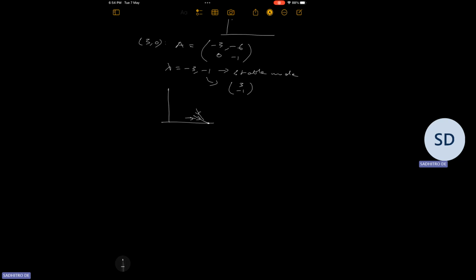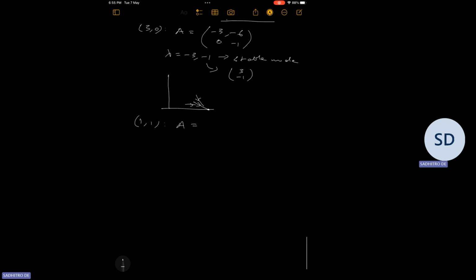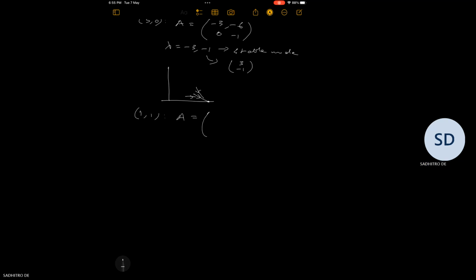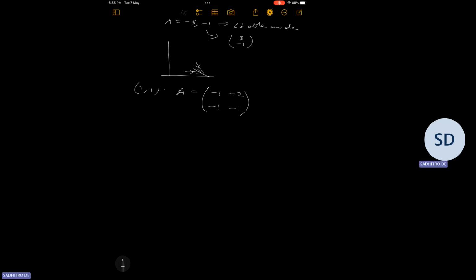And finally, the last fixed point, which is (1, 1). For this, you have A equal to [-1, -2; -1, -1]. So this matrix basically has the trace equal to -2 and delta equal to -1. So since delta is -1, this is a saddle fixed point.